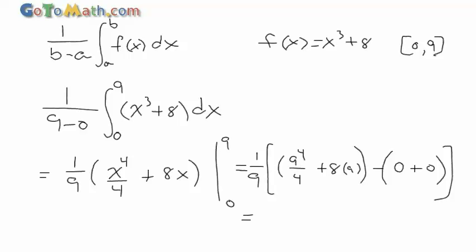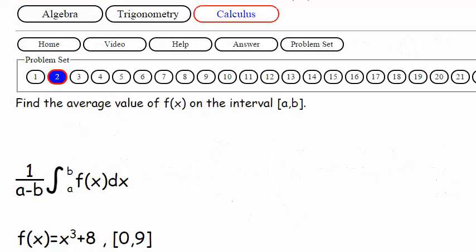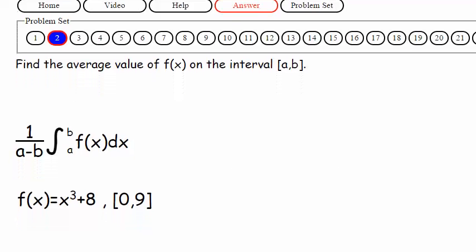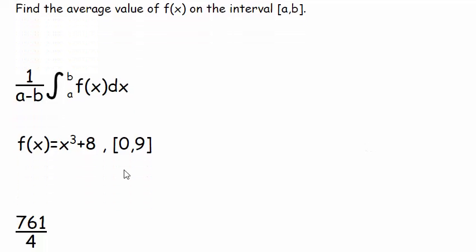I know you can do this. Even though I get complaints every once in a while, why did you skip that step? Even though this is really a big part of calculus, believe it or not, getting down the arithmetic and the algebra, that's really where you learn. 761 over 4 is what I end up with.